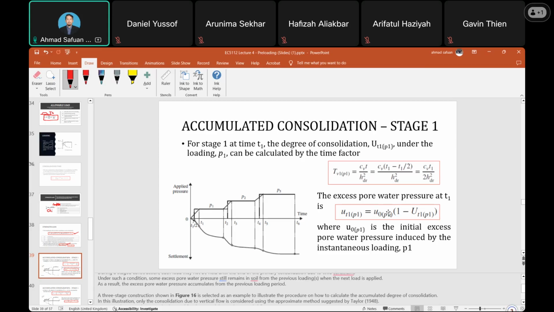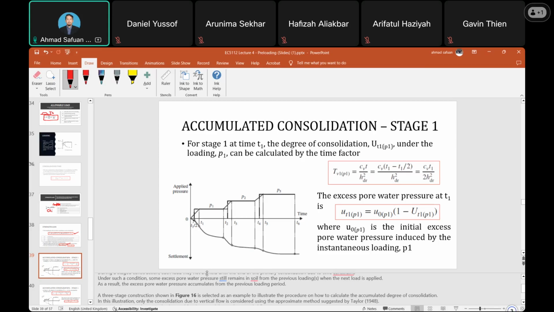So this is the initial excess, which means that it accumulates from the previous initial excess pore water pressure. So a three-stage construction is selected as an example to illustrate the procedure on how to calculate the accumulated degree of consolidation.